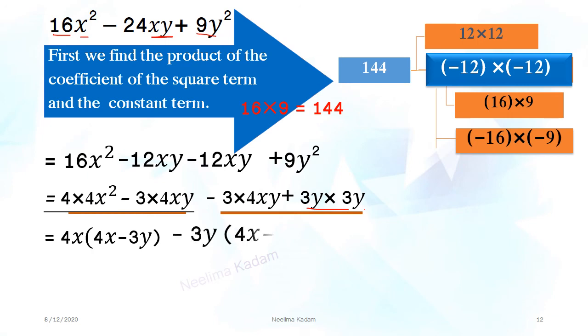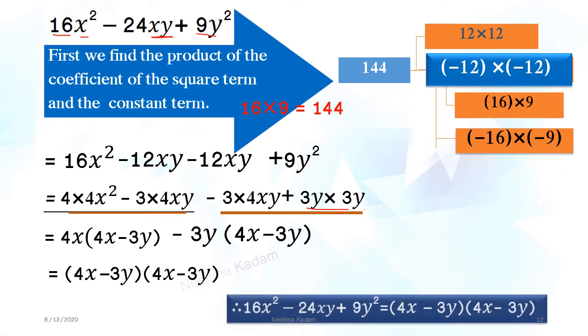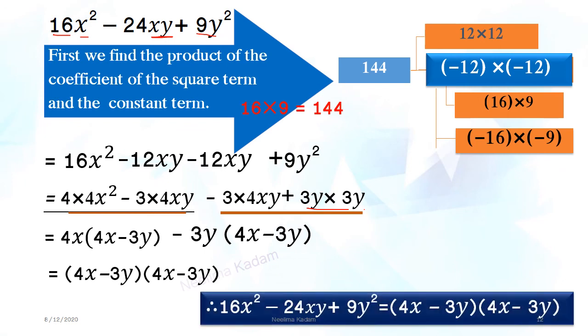Here 3y will be common. So 4x minus 3y. Again 4x minus 3y bracket is common and remaining 4x minus 3y. Therefore factors of this quadratic trinomial are 4x minus 3y, 4x minus 3y.